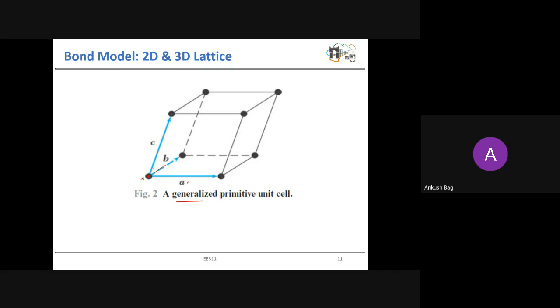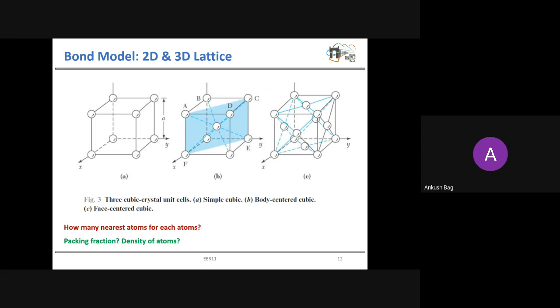What is the angle between a and c, between b and c, and between a and b? They can be 90 degrees, or they may be greater or less than 90 degrees. Depending on that, you will also have different crystals or different materials. That we'll see. So this is a generalized primitive cell.